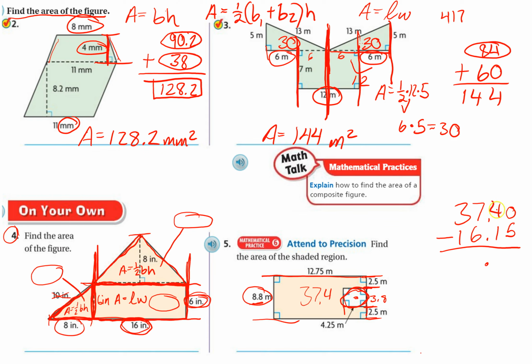Okay, I can't take 5 away from 0, so I borrow. 10 take away 5 is 5. 3 take away 1 is 2. 7 take away 1 is 1. 3 take away 1 is 2. So my final answer, the area of just the shaded part, is 21.25, or 21 and 25 hundredths, and it's meters squared because it's area.